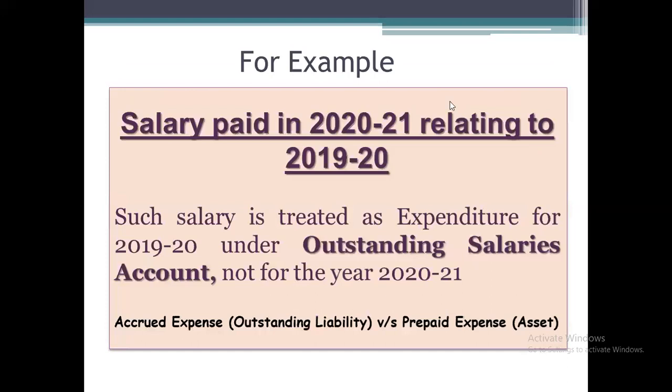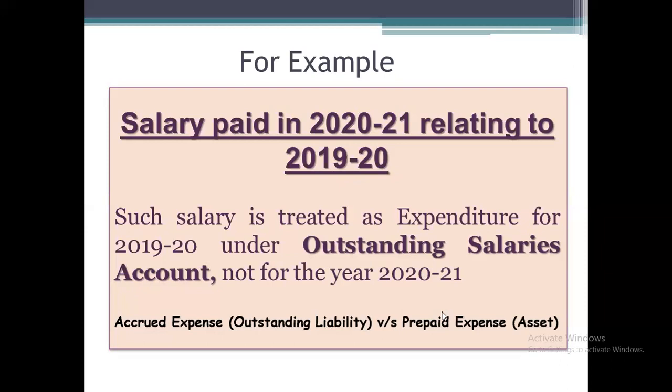Yeah, I do have the example here for you guys. You can just take a look at that quickly. Salary we discuss, right? So if you are paying in the future, which is related to the previous year, then you have to record in the previous year only.